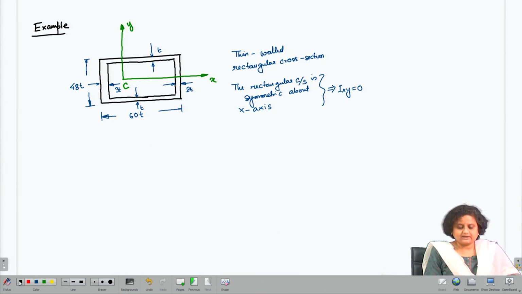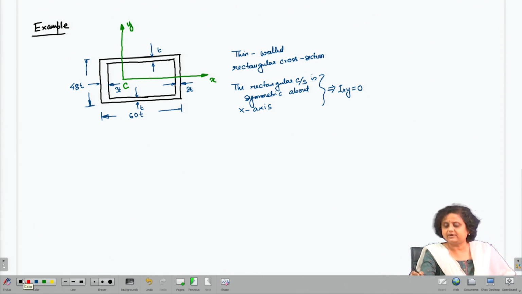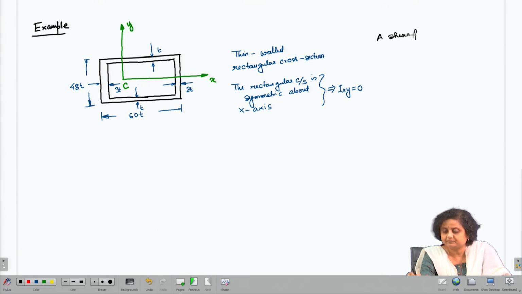Now, the problem statement says that a shear force F along the y direction is applied through the shear center of the cross section.